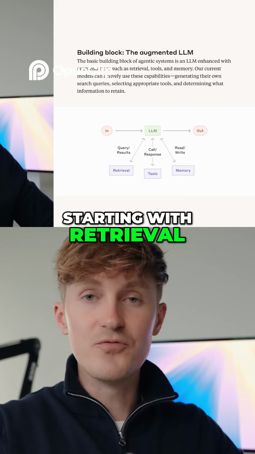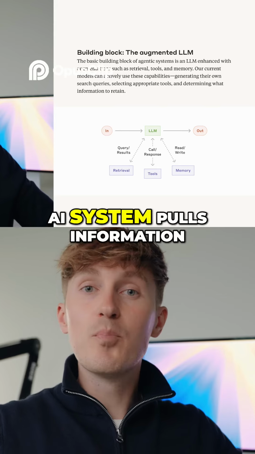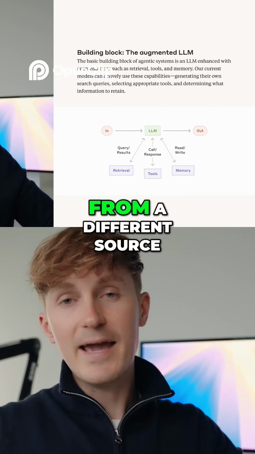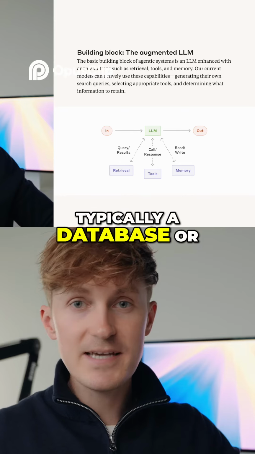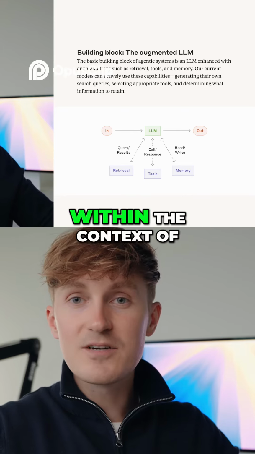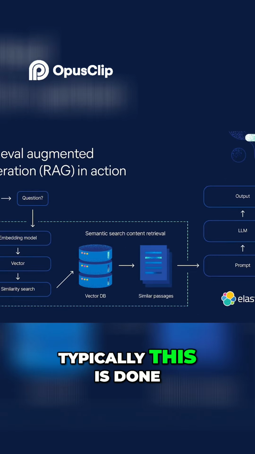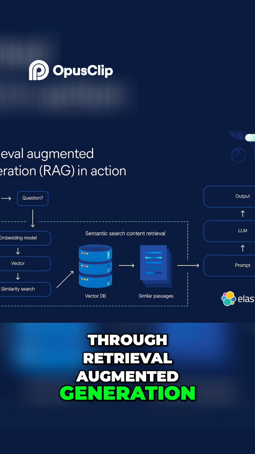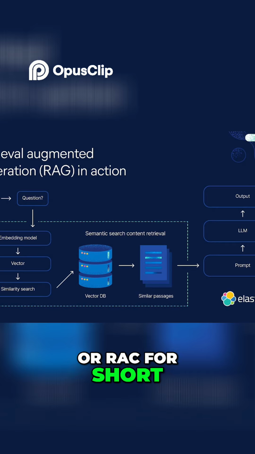Starting with retrieval, this is where your AI system pulls information from a different source, typically a database or a vector database, and makes that available within the context of the large language model. Now, in practice, typically this is done through Retrieval Augmented Generation, or RAG for short, using a vector database where you perform a similarity search.